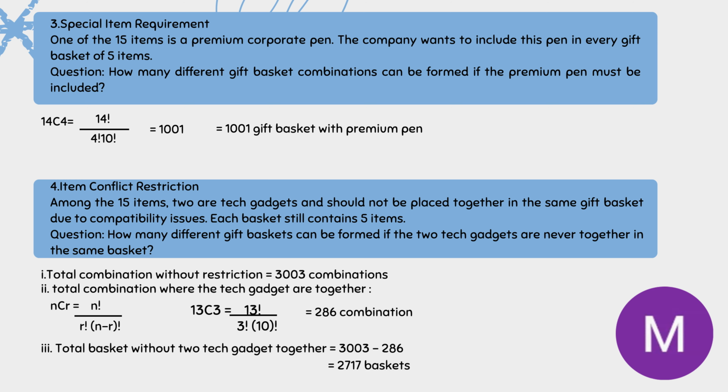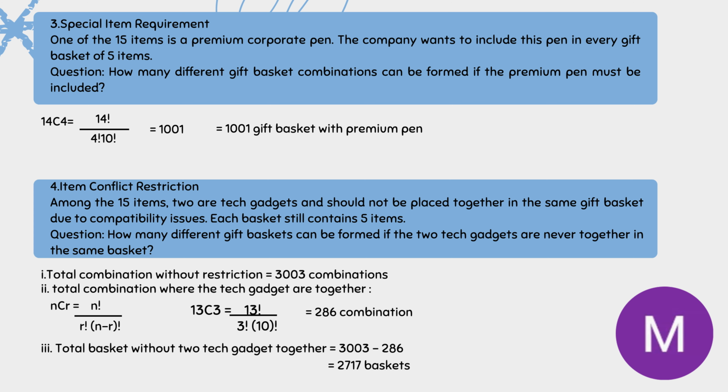We use 13 as n because two of the 15 are already together, and r is 3, because we only need to choose three other gifts. So 13 factorial over 3 factorial times 10 factorial, and we get 286 combinations where the tech gadgets are together in one basket.